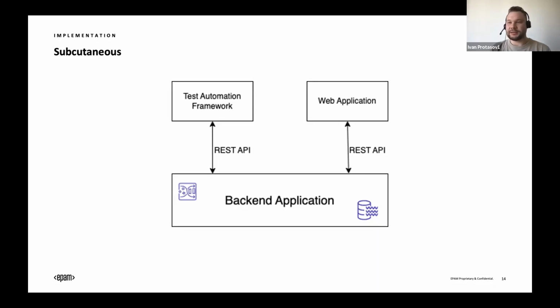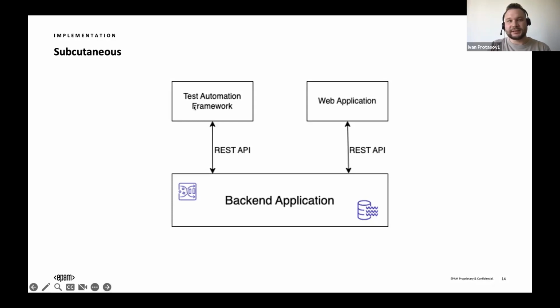This way we isolate ourselves from the presentation tier and achieve faster and more robust test execution. However, on the other side, we still have a higher level of integration.